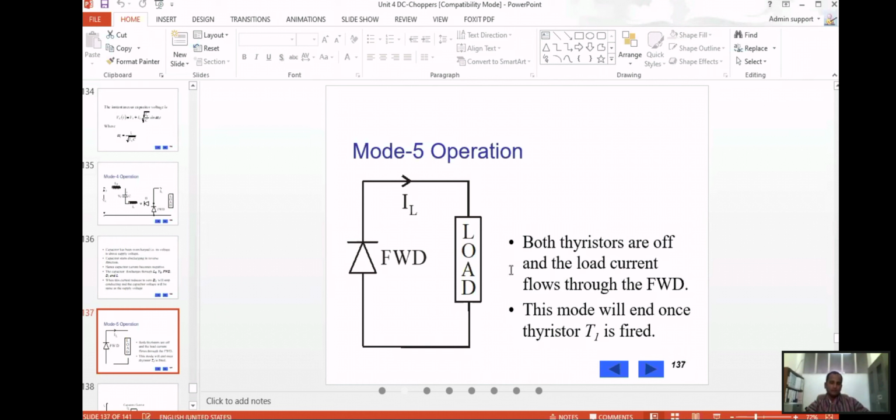This mode ends when thyristor T1 is fired again, and the same cycle starts. It does not require an additional circuit to turn off the thyristor or SCR. The charging and discharging of the capacitor helps to commutate the thyristors.